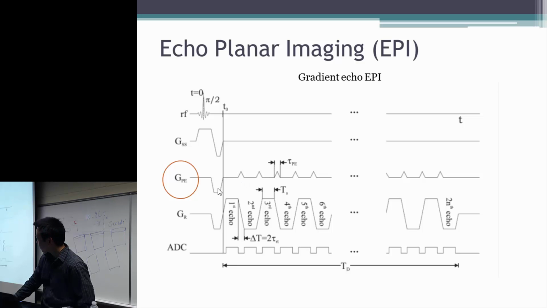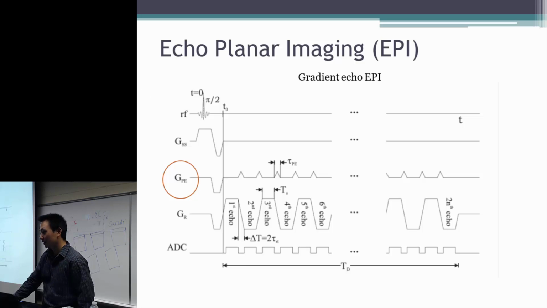So how do we decide the gradient moment for this one here? It should be the maximum. That depends on where we want to start, which position we want to move to.